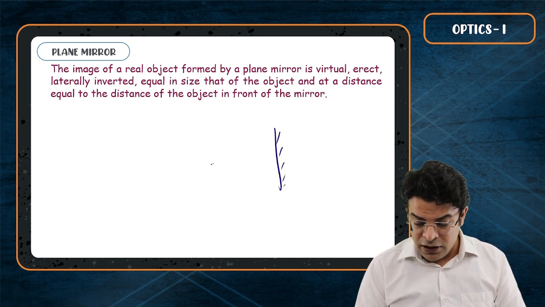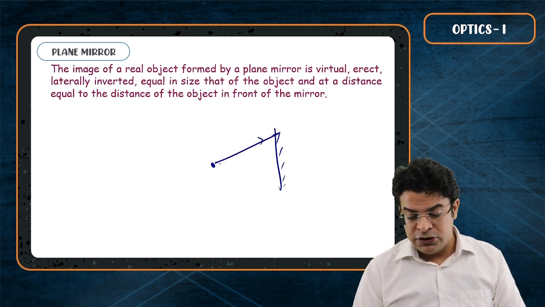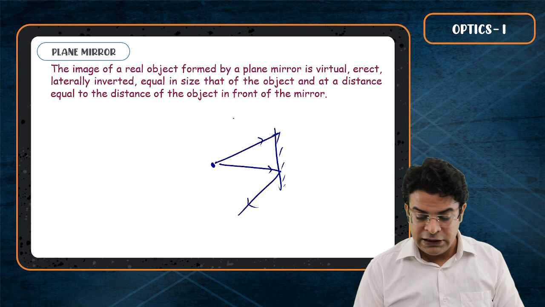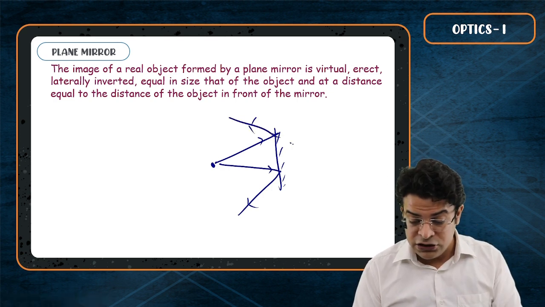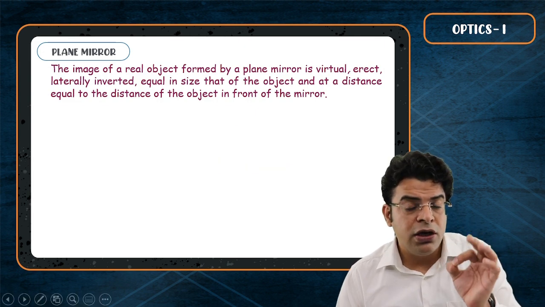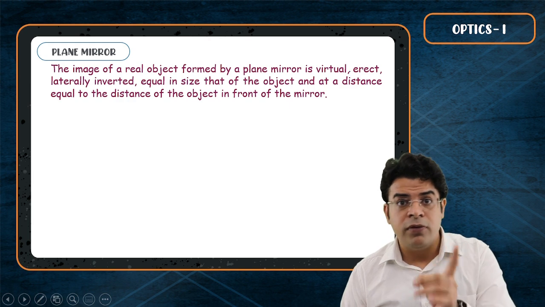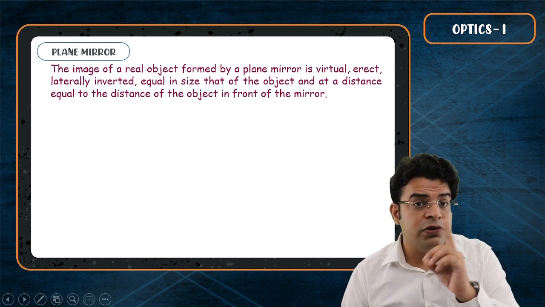If you place a real object in front of the mirror, the incident rays will be something like this and the reflected rays something like this. Do the reflected rays intersect? No, their extension does. So you will say that the image formed is virtual. Remember that for a real object, a plane mirror forms a virtual image. For a virtual object, a plane mirror forms a real image.